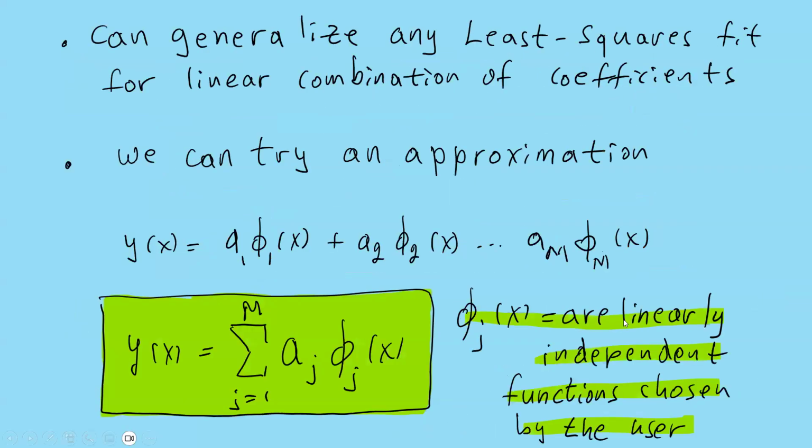We can generalize any least square fit for a linear combination of the coefficients in this format. Aj represents the coefficients and phi j of x are the functions that we are fitting over our data, and phi j of x is chosen by the user, maybe polynomials or other functions.